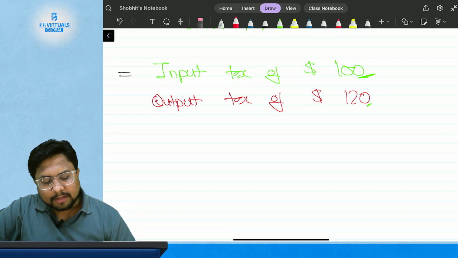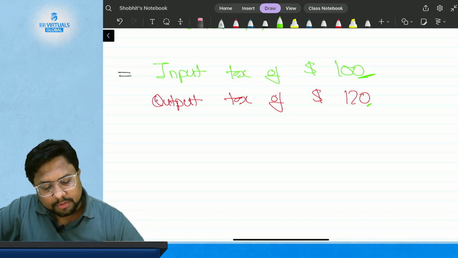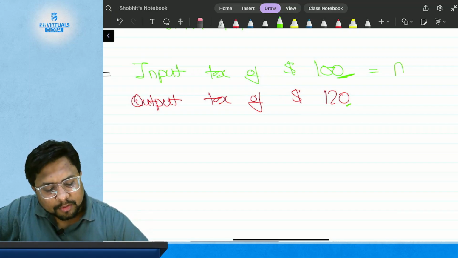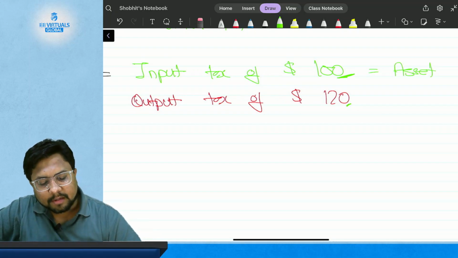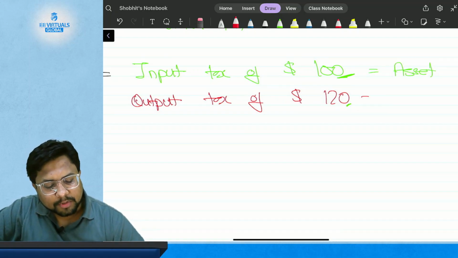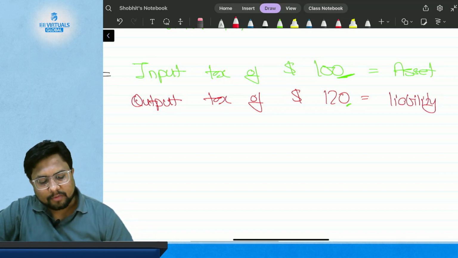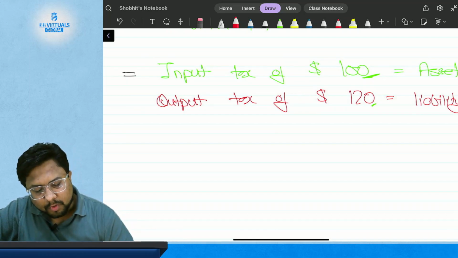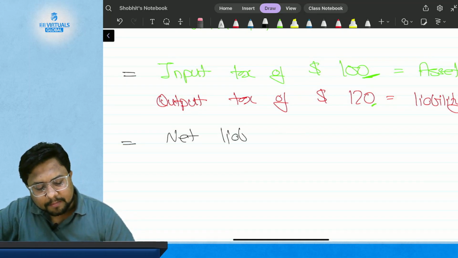So if I ask you, what is your input tax? So input tax is your asset. And what is output tax? So output tax is your liability. And if I ask you, what is your net liability?